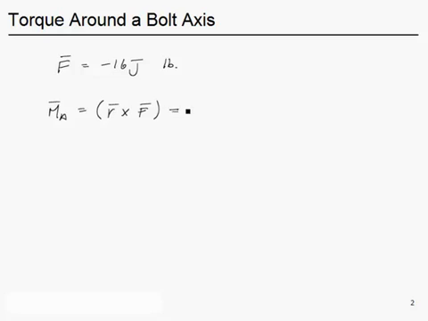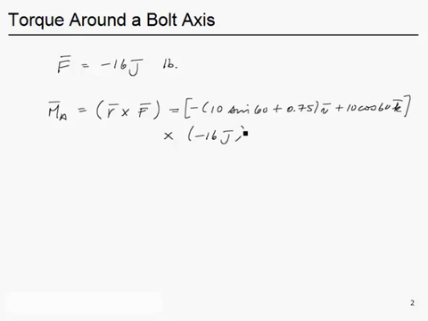We can go ahead and write from the previous slide our statement for r, which was minus (10 sine of 60 plus 0.75) in the i, and then plus 10 times the cosine of 60 in the k, and then we are going to do a cross product with minus 16 in the j.